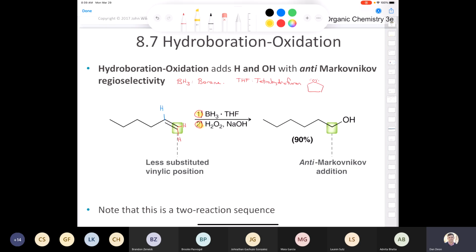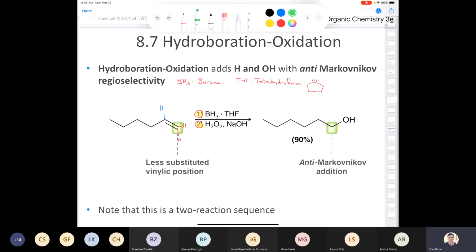Now you might be wondering, okay, that's cool, borane and THF, tetrahydrofuran, but what is this dot that's floating in midair? We're going to cover that in a second. But the second step is H2O2, which is hydrogen peroxide, and sodium hydroxide. We're going to look at each step, mostly the first step, and figure out why this reaction has anti-Markovnikov regioselectivity.